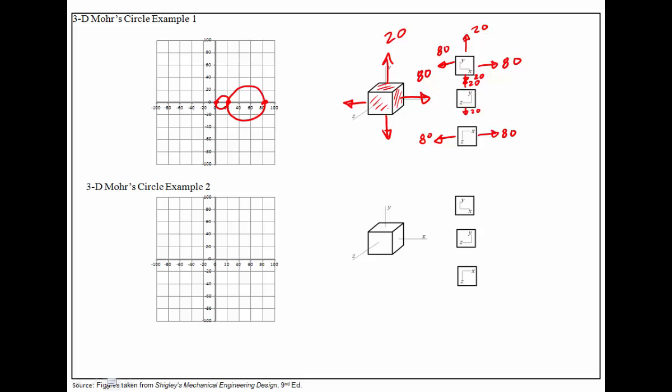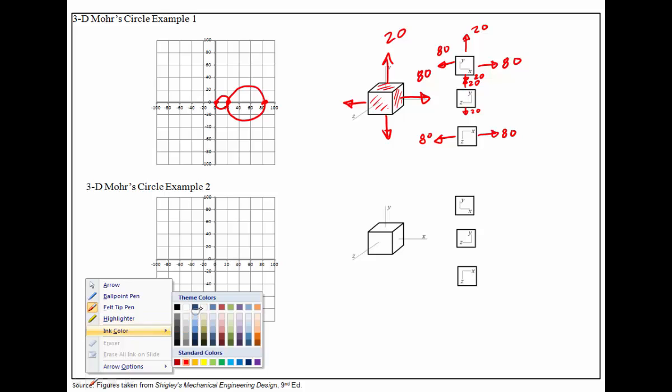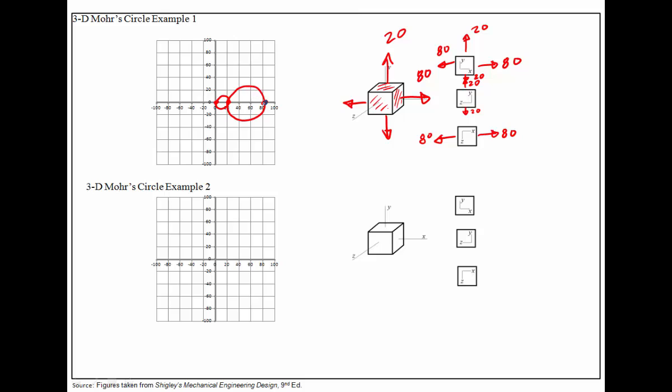It would be better if I drew in another color, so let me get the other color. I'm picking blue. So we have this point, and then on the top face we have 0. So the Mohr circle for the XZ face is going to have this point and this point. That's why you have three Mohr circles.